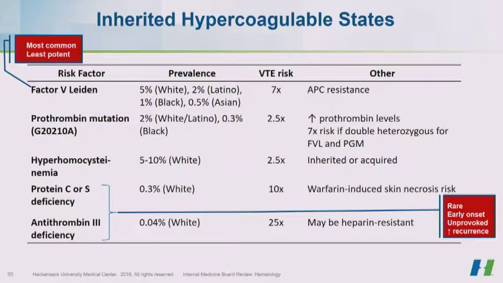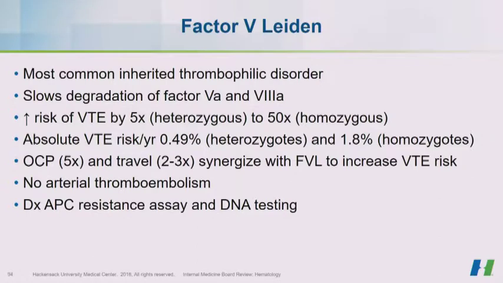They are rare, but they are usually early in onset, typically cause unprovoked clotting episodes, and have a very high risk of recurrence. Also, in nephrotic syndrome, for instance, you actually lose protein C, S, or antithrombin 3, so that's one of the reasons why you have a higher thrombotic complication rate in nephrotic syndromes. You just lose some of those anticoagulation factors.